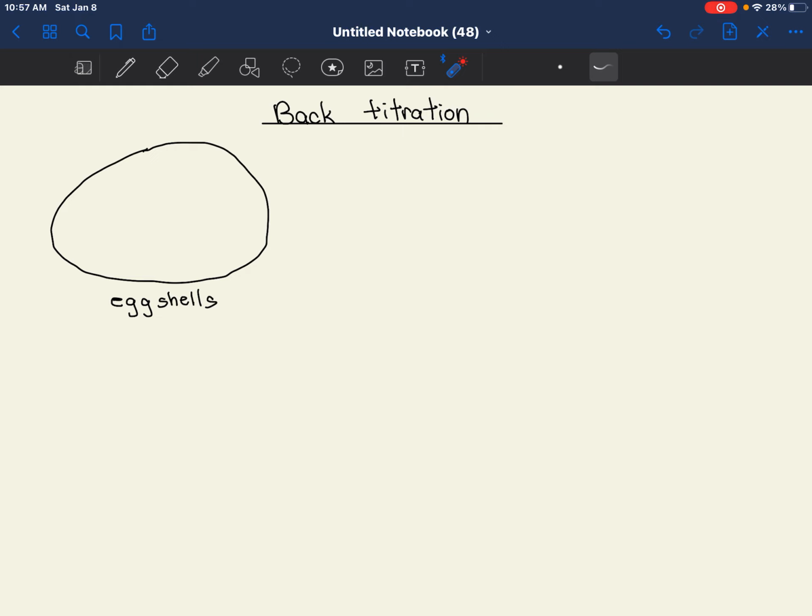Well, the higher the percentage of calcium carbonate in the eggshell, I guess the stronger the egg. Just like how people would say, the more calcium that is in your bones and teeth, the stronger your bones are going to be.